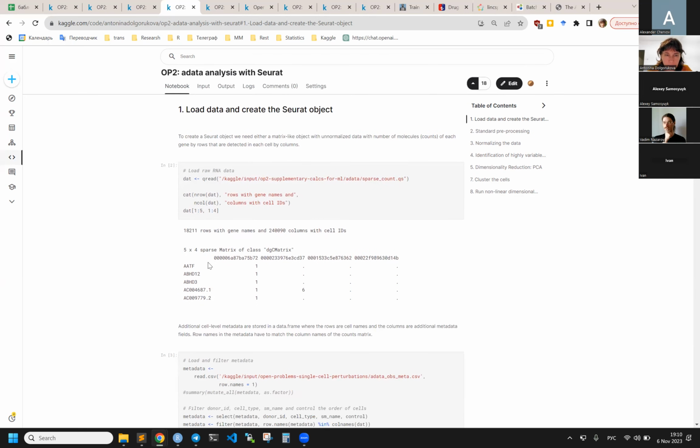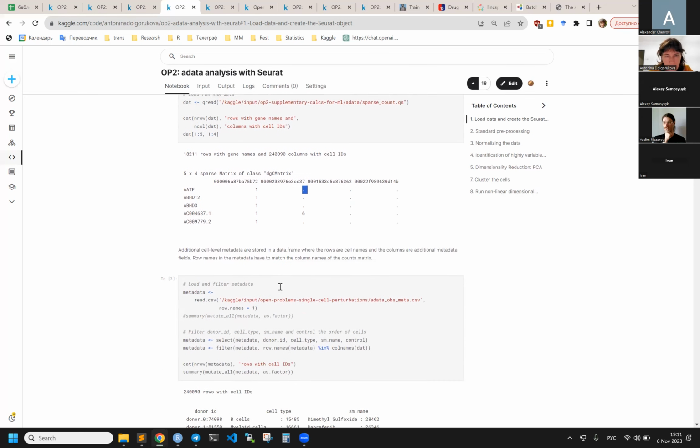I just prepared a sparse matrix which takes much less memory, making it easy to work in Kaggle. It's a sparse matrix with cell IDs in columns, cell 1, cell 2, cell 4, and genes in rows. And these are counts. Zeros are hidden in the sparse matrix.